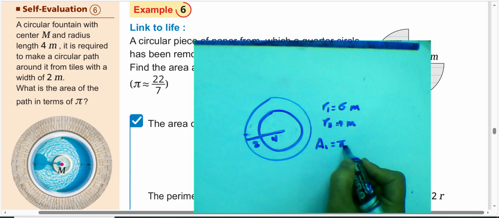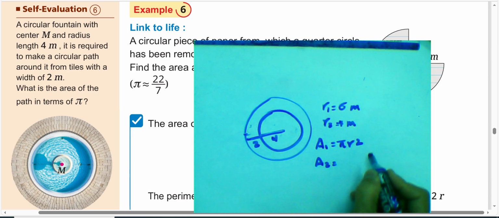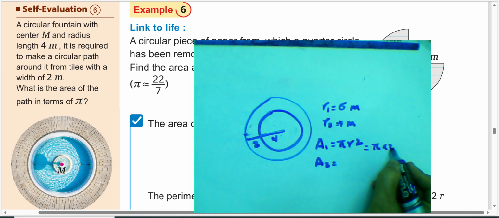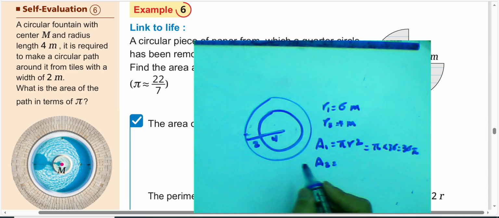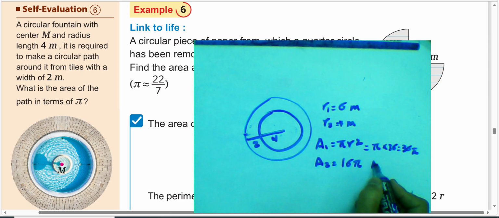Area 1 equals pi r power 2, and area 2 is pi radius power 2. 6 squared is 36, so the result will be 36 pi. And area 2 is pi times 4 power 2 equals 16 pi square meters.